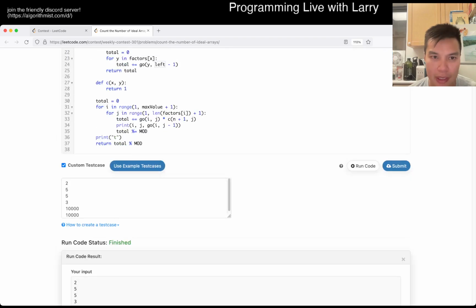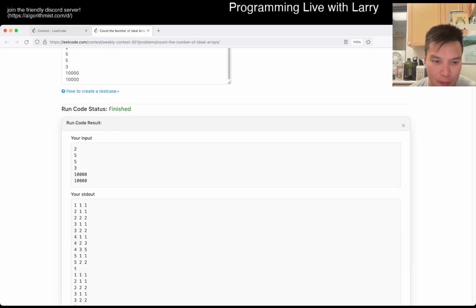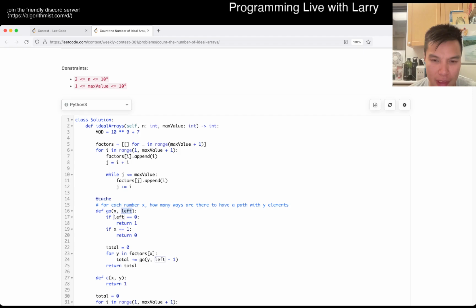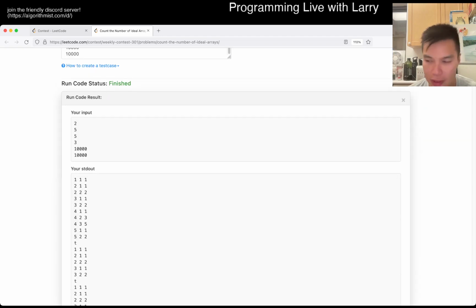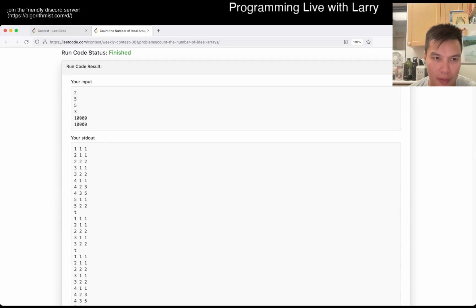What's 4 and 3 again? For number 4, how many ways are there to have 3 elements? For the number 4 in the path of 5. That's weird, right? Basically I'm saying there's 1 way to have 1 element, because it's just 4.